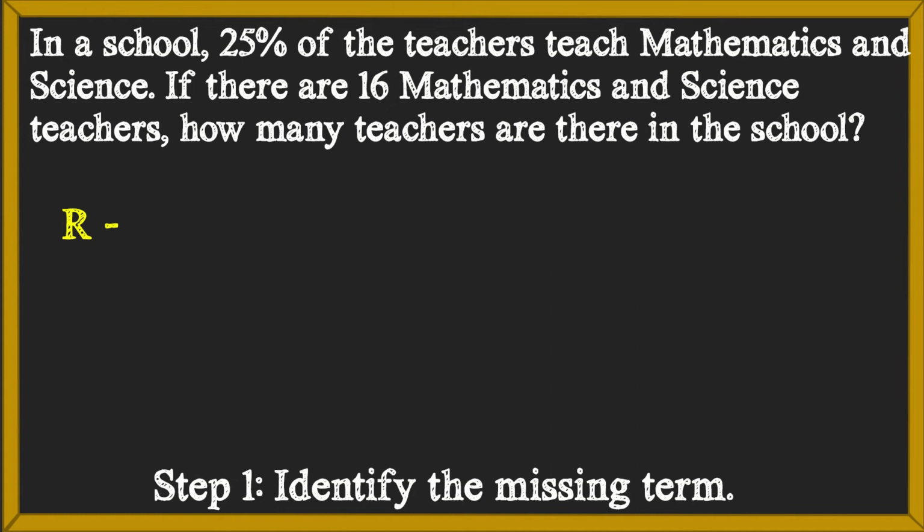The rate will automatically be 25% because this is the number that has the percent sign. We are looking for the total number of teachers. So therefore, 16 is the percentage, and the total number of teachers, or the base, is missing.